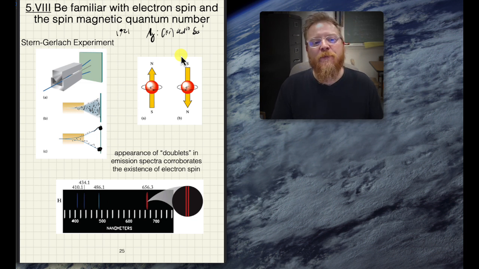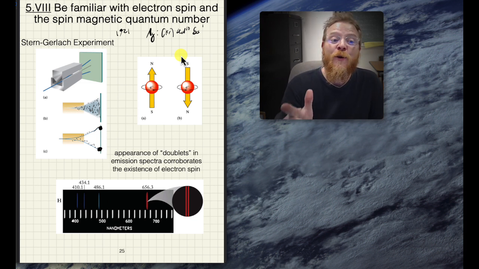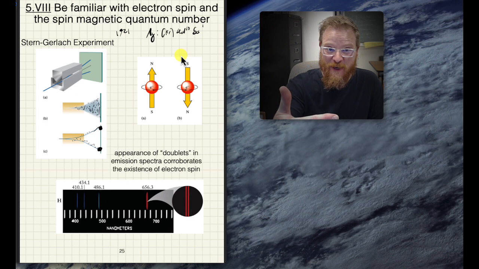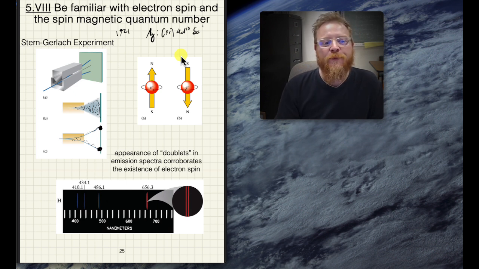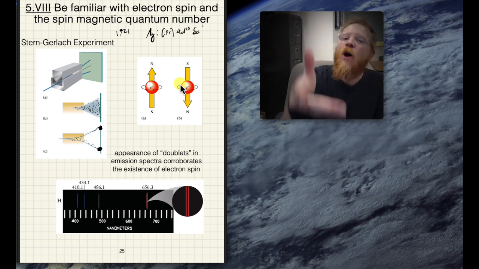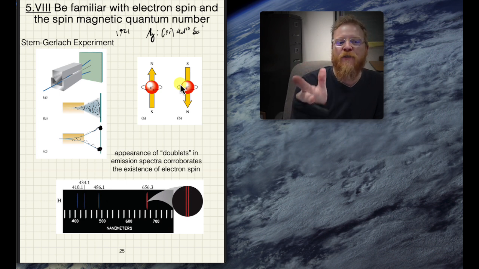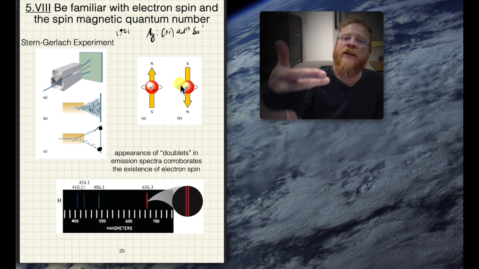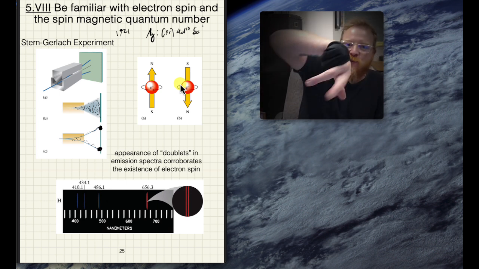Now we can begin to think of this in another right-hand rule arrangement, right? Where I've got my spinning axis, I've got my radius, and my magnetic moment points in the direction of my thumb, either in this orientation or in this orientation.